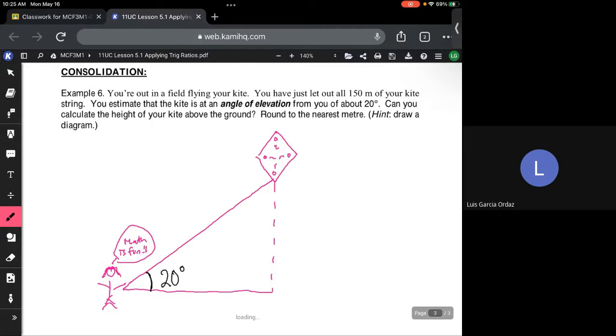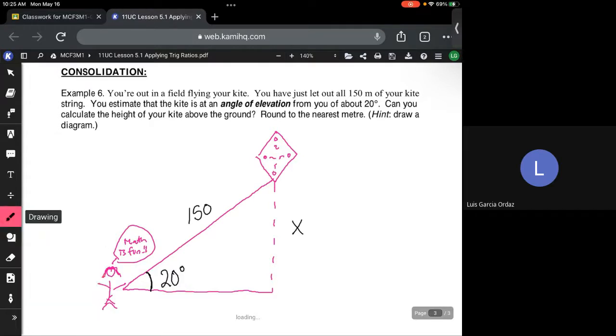What else do I have? Where is that going to be labeled? And what are we finding? What does it say in the question? The height. So what part of the triangle is going to be the height? So we basically labeled everything.